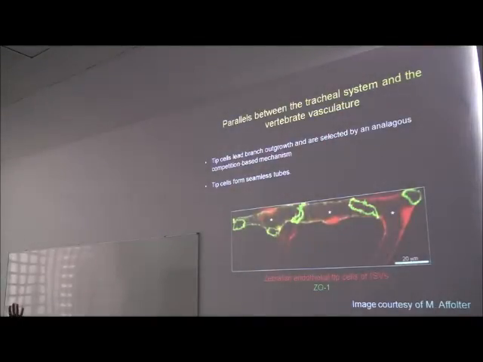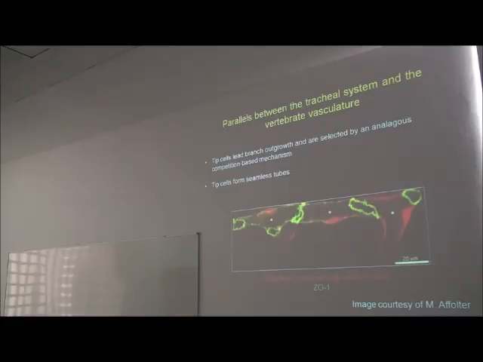So before we get into the stories, I just wanted to draw some parallels to the vascular system. One thing is that the branches of the tracheal system migrate out from what's originally a sac of epithelial cells that have invaginated from the ectoderm. And those cells, during the migration, are guided by two tip cells that migrate up an FGF gradient.